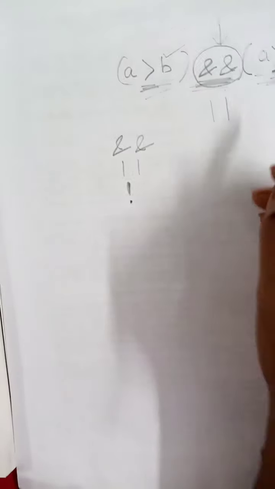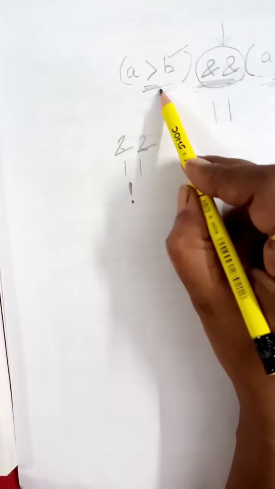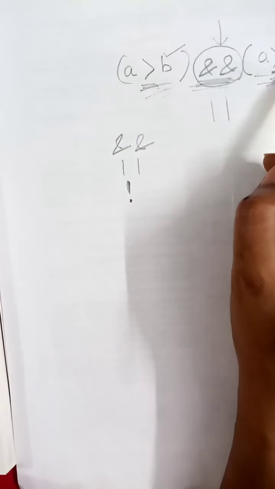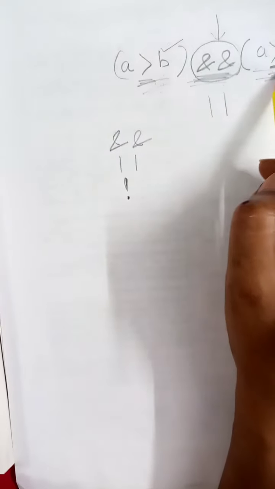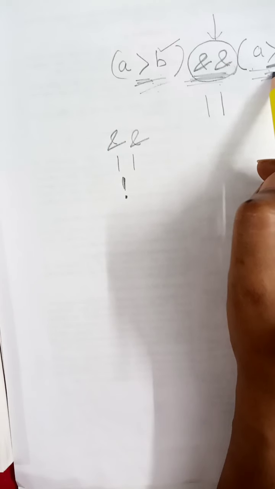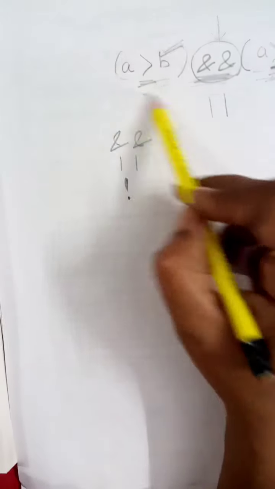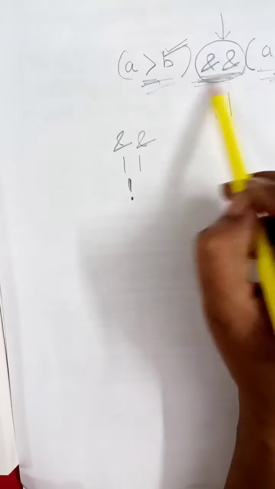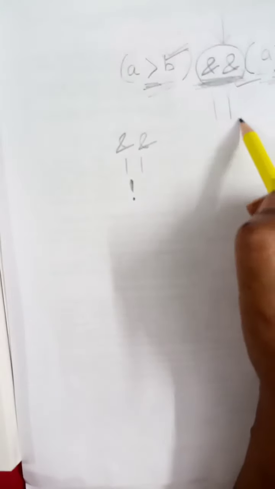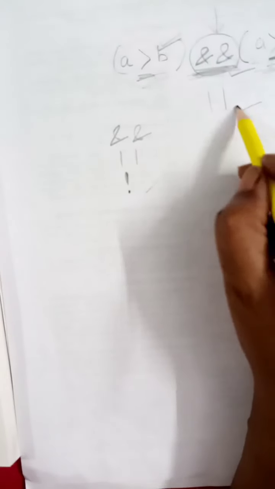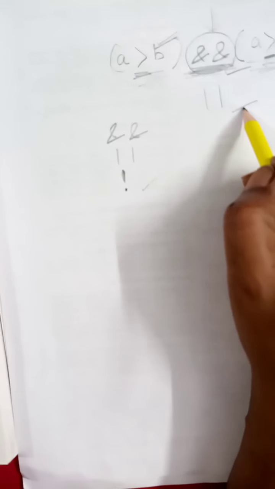So simply, logical operators are used to combine more than one condition. Okay, this one is one condition, this is the second condition. We can combine both the conditions with the help of logical AND, OR or NOT as per our requirement.